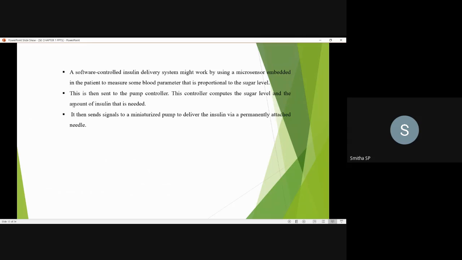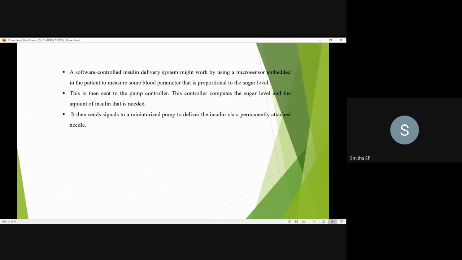Then this is sent to the pump controller, which computes the blood sugar level and the required amount of insulin that is needed. It will then send a signal to a miniaturized pump to deliver the insulin through a permanently attached needle.